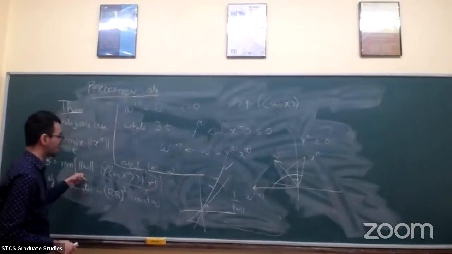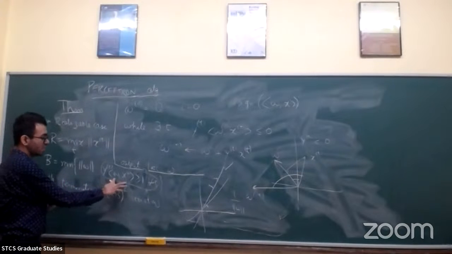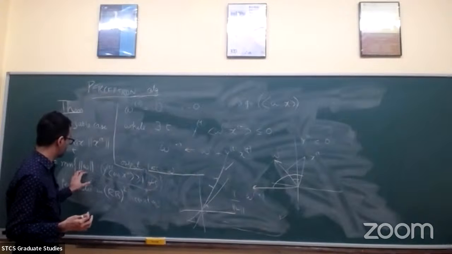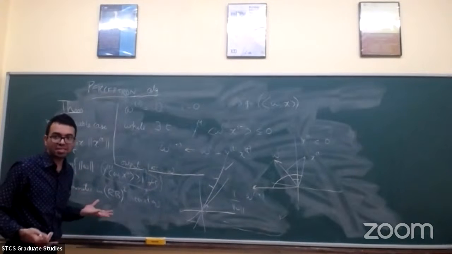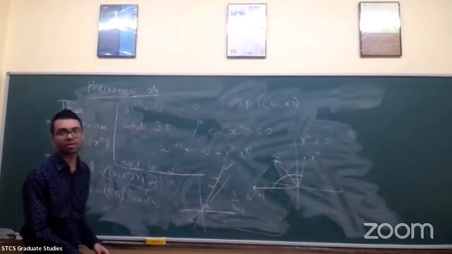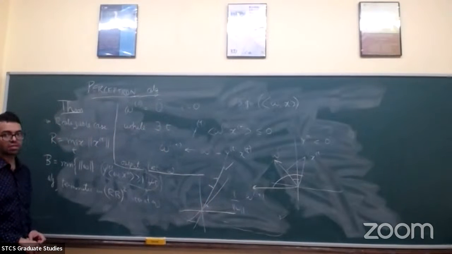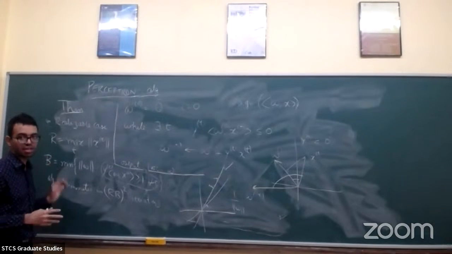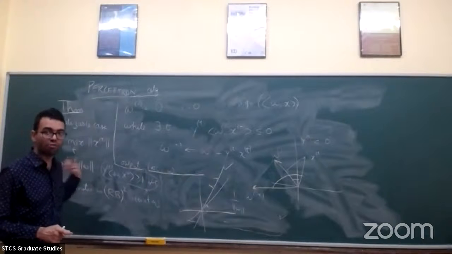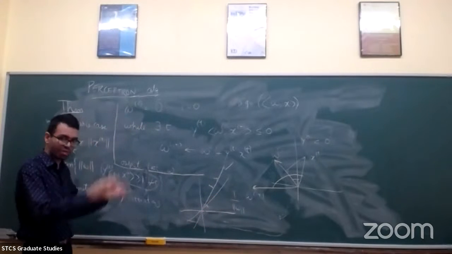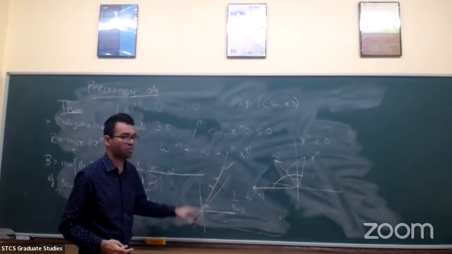So if I minimize the norm W subject to this condition, then I'm trying to maximize this closest distance. This is capturing that. So B is just the inverse of the closest distance, the inverse of the maximum of the closest distance among all possible lines.